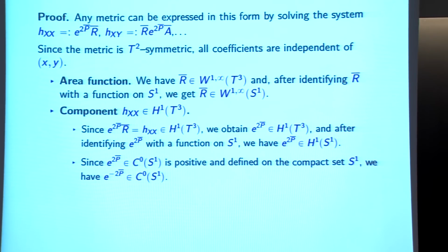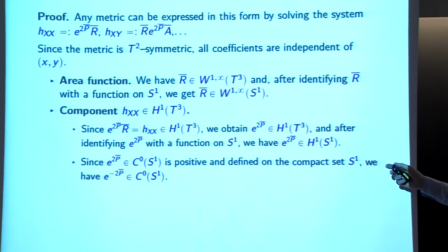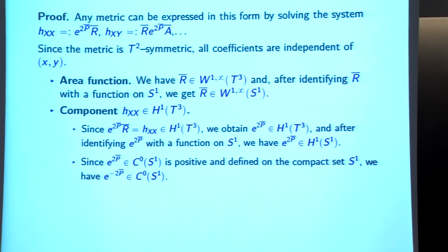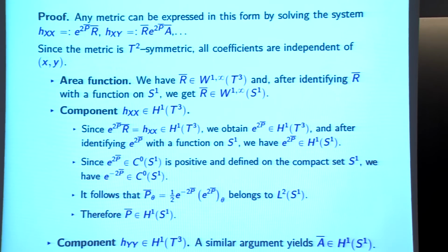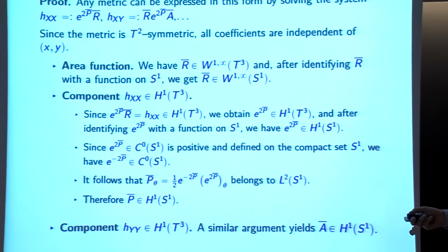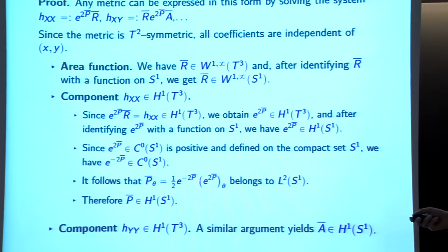But now we continue, because it is in H1 and defined on a circle. It's a continuous function. It is also positive. It's defined on a compact set S1. And therefore, we can define the inverse E minus 2P, which is also continuous. And it follows that you can now compute the theta derivative of P. You write it like this.